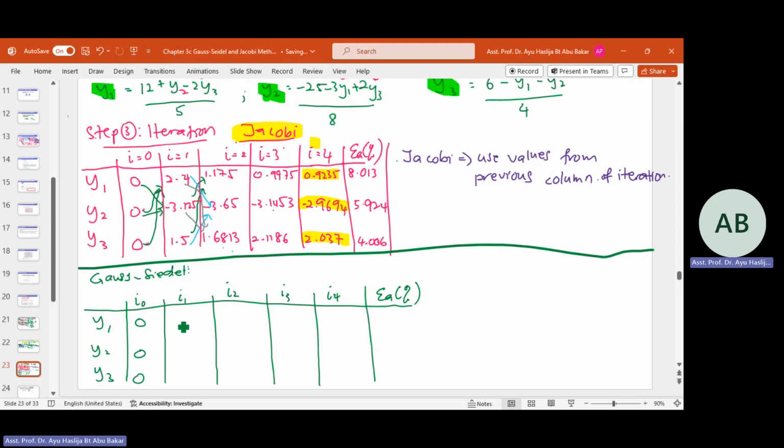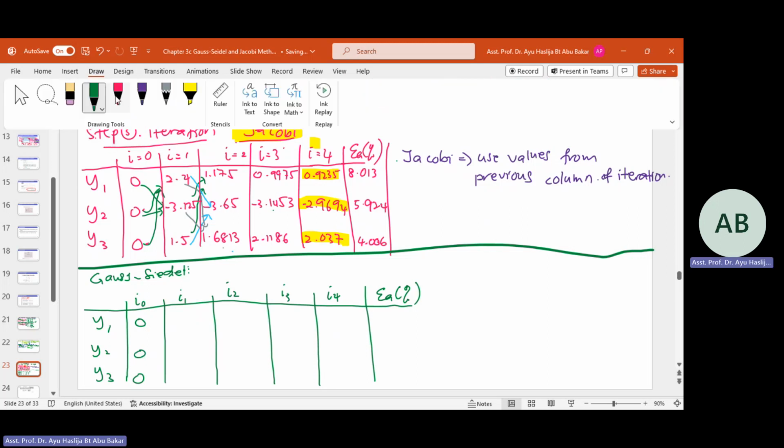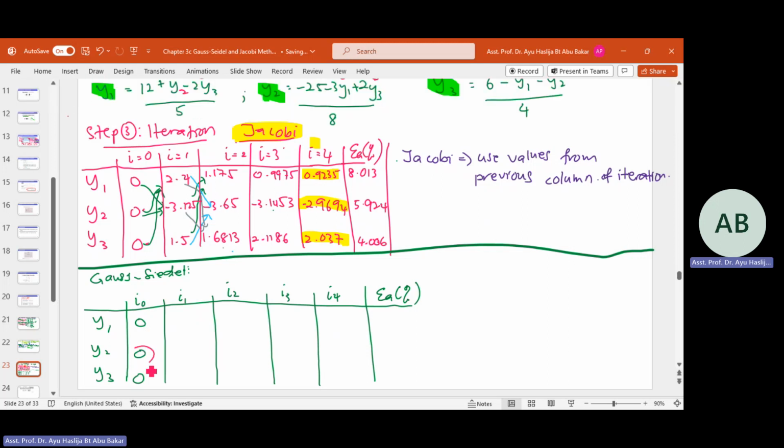So Y1 over here, the latest values of Y2 and Y3. Here the latest value is 0, used to find Y1. You'll get the same 2.4.